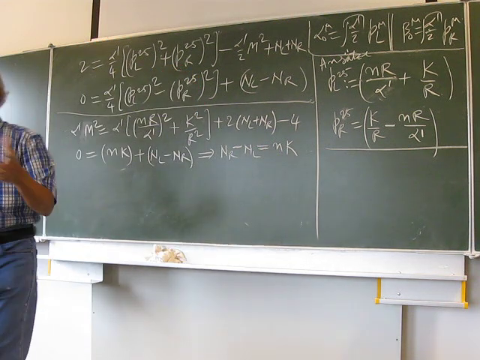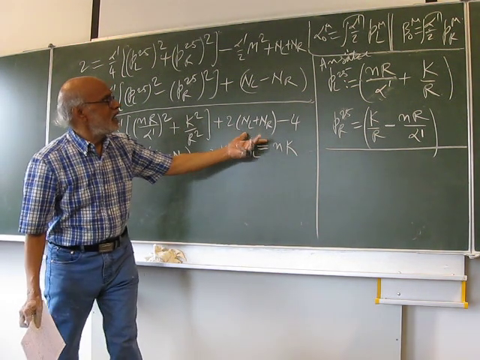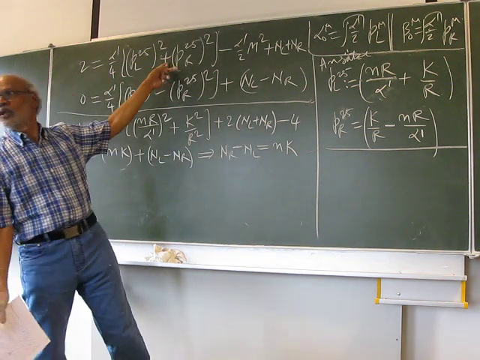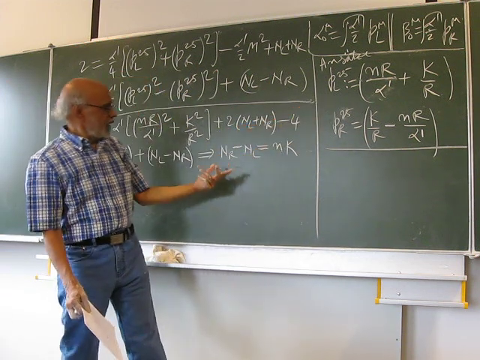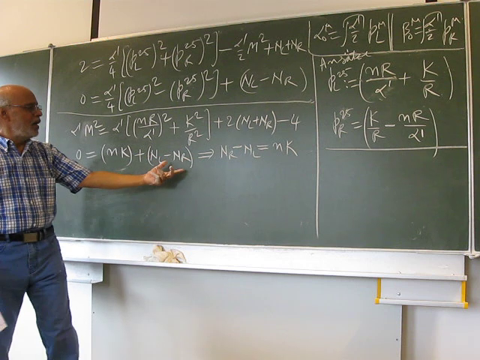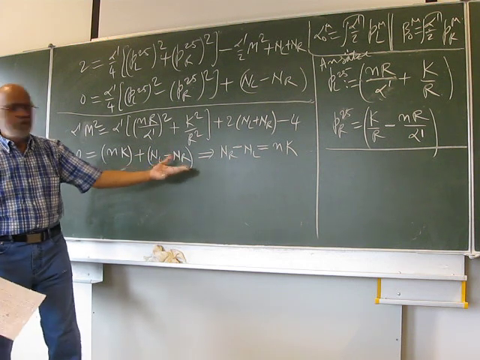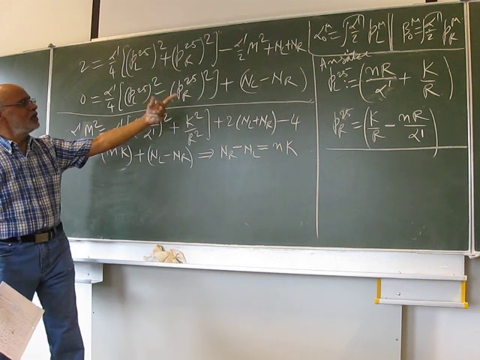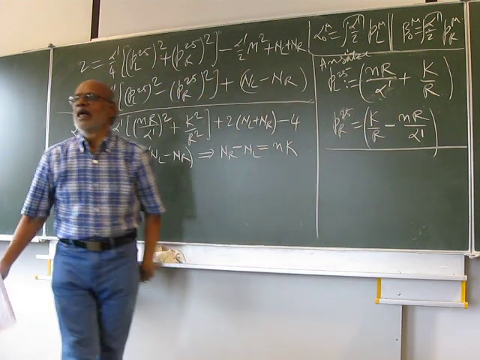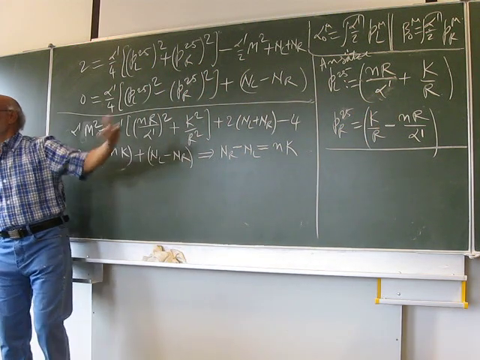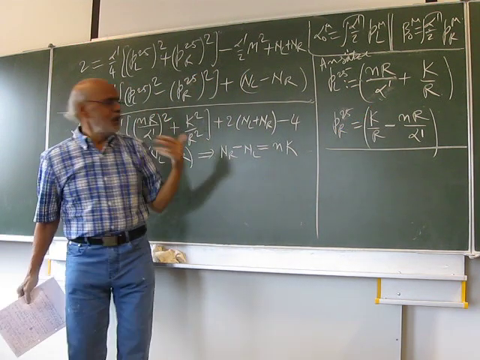So when in this equation I get NL plus NR, that means it is this equation, the upper one, where I have NL plus NR. And when I have NL minus NR, I mean the difference of the two, it depends on the sign. When I take the difference of the two, then this corresponds to that. You make these adjustments and then try to see what it looks like in this form.